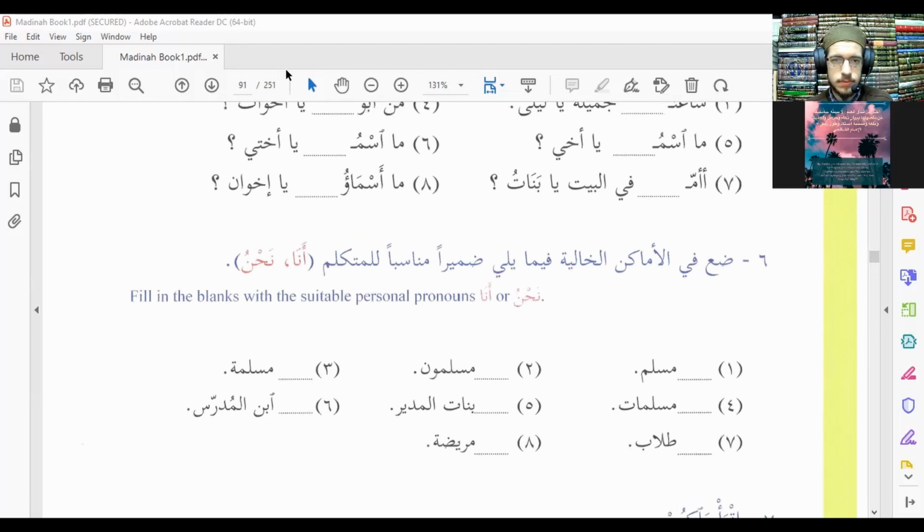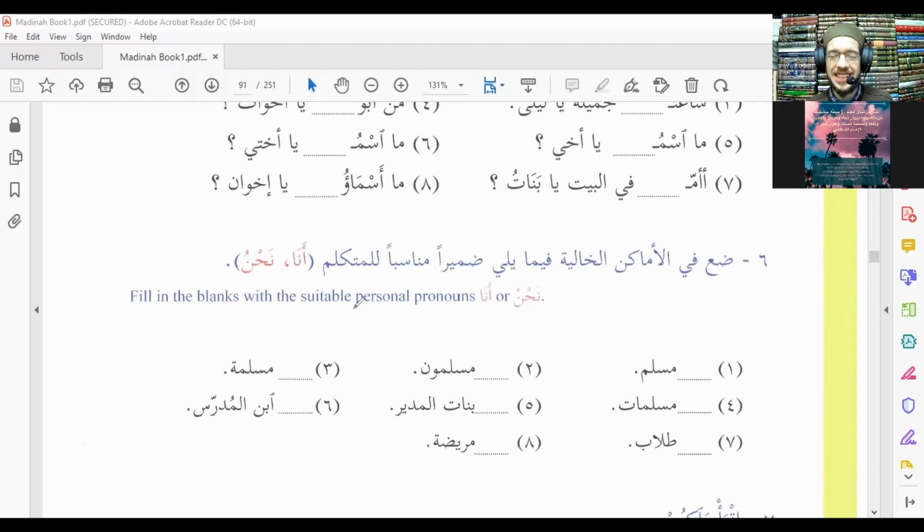Okay, da means place in the blanks. Fill in the blanks. Fima yali, that follow. Pronouns, suitable pronouns. Mutakallam, addressing, like ya mutakallam.